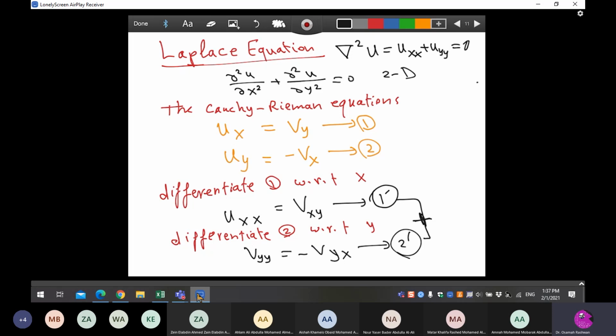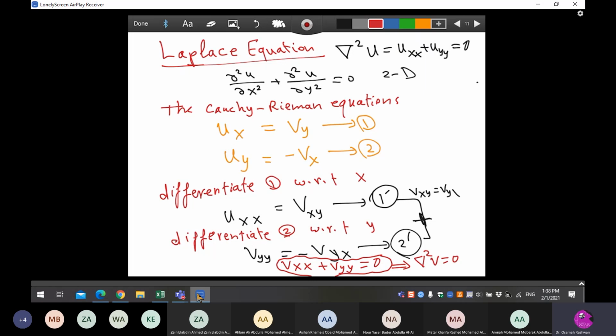What do you have? v_xy equal to v_yx, so when I'm summing, this one will be cancelled with this one, right? So I have u_xx plus u_yy equal to what? Yes, this is a Laplace equation in 2 dimensions.